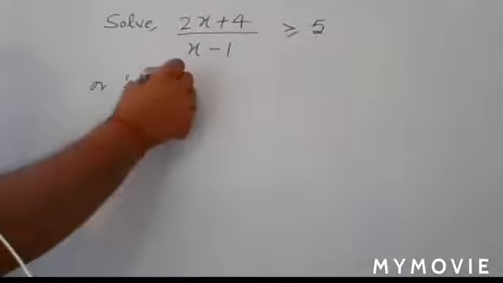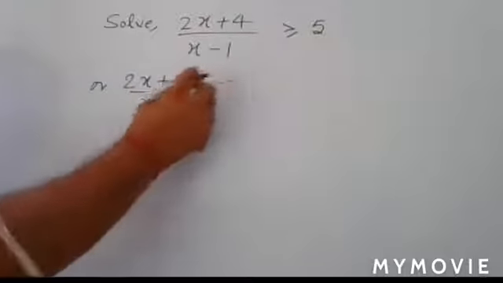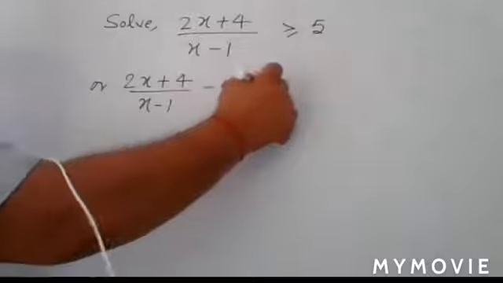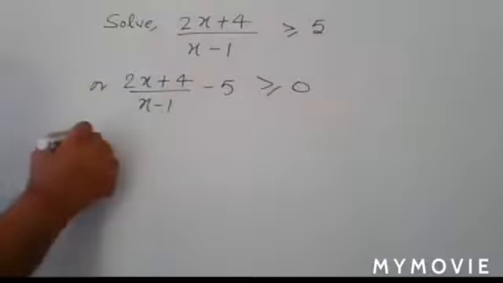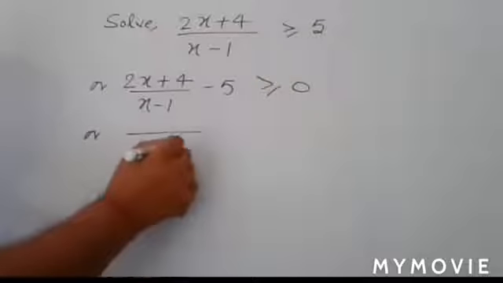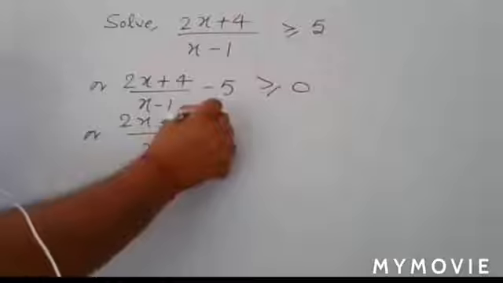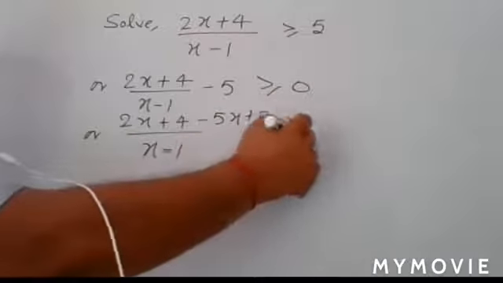So (2x + 4)/(x - 1) - 5 greater than or equal to 0. Here you have x - 1 as the denominator: (2x + 4 - 5x + 5)/(x - 1) greater than or equal to 0.